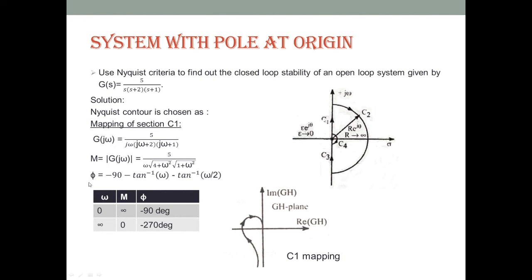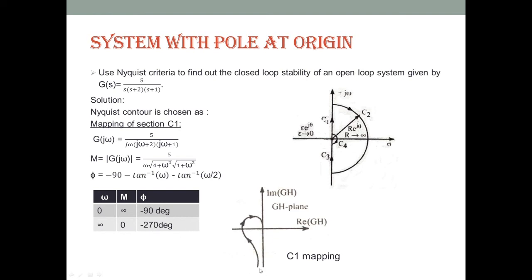Here also we vary omega from 0 to infinity. When omega equals 0, the magnitude is infinite and the phase angle is minus 90 degrees. When omega is infinite, the magnitude is 0 and the phase angle is minus 270 degrees.